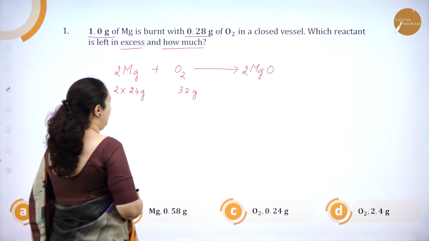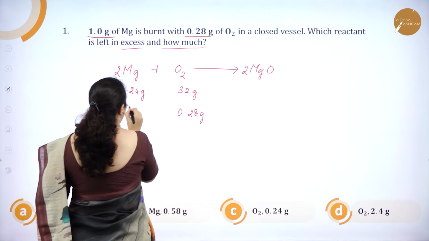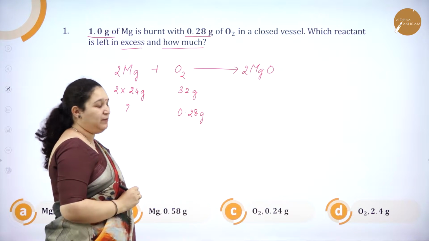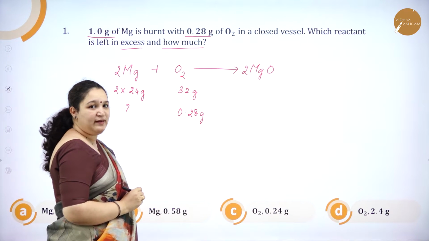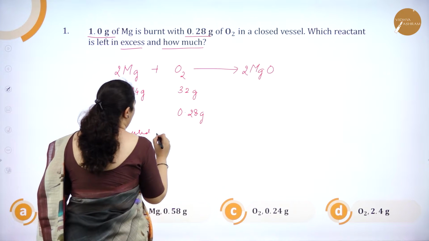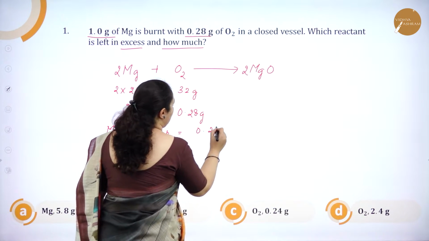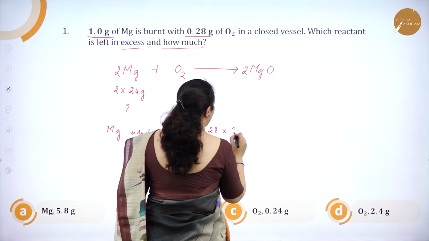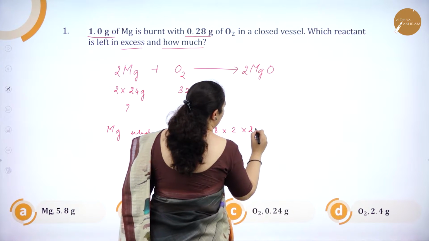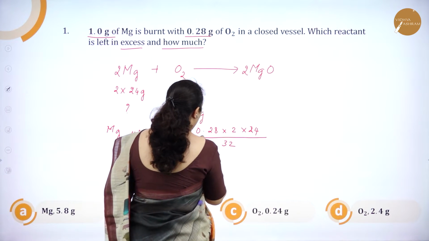So we'll calculate how much of magnesium is used up for 0.28 grams of oxygen. So magnesium used up is equal to 0.28 into 2 into 24 divided by 32.